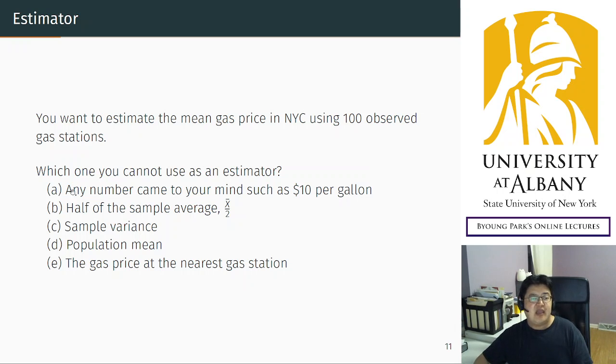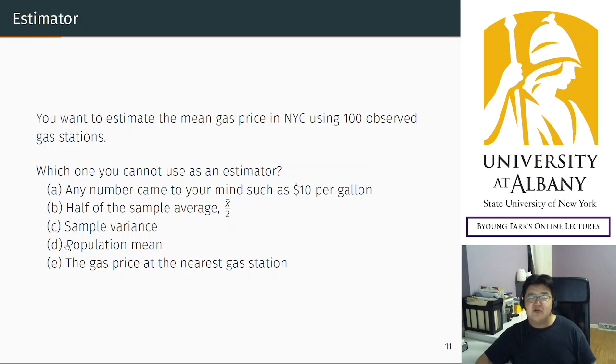First, A: any number that comes to your mind, such as say $10, whatever number you see, like if you see the clock, what time is it? Use that number, any number. B: half of the sample average, so X bar divided by 2. C: the sample variance calculated from the 100 data.